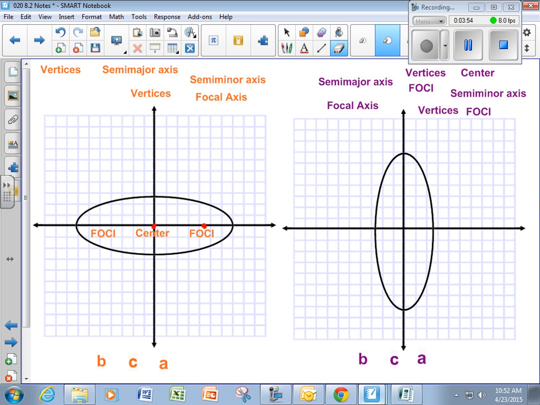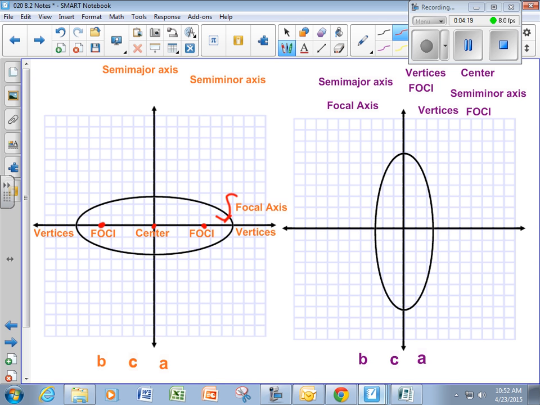We'll come back and label that in just a few minutes. I'm going to keep going here. So there's our foci. Our vertices were where the ellipse meets the focal axis, which is the axis running through our foci.